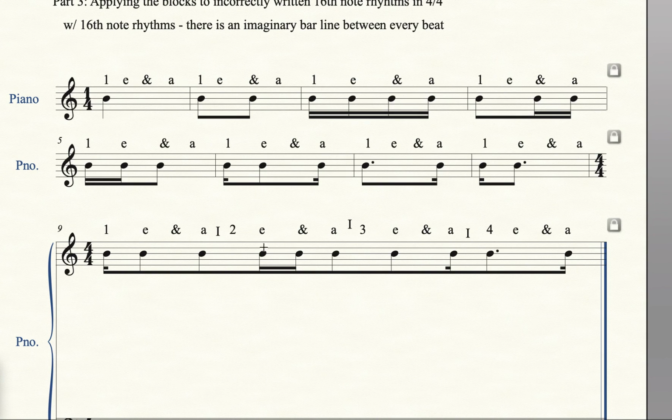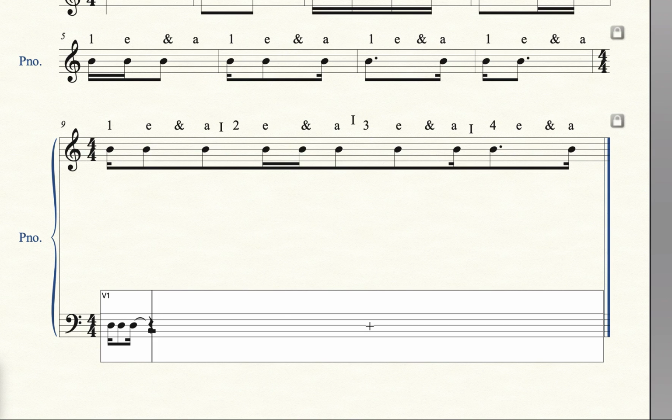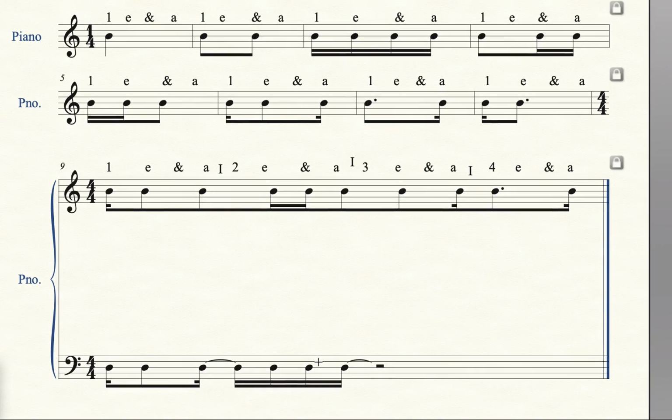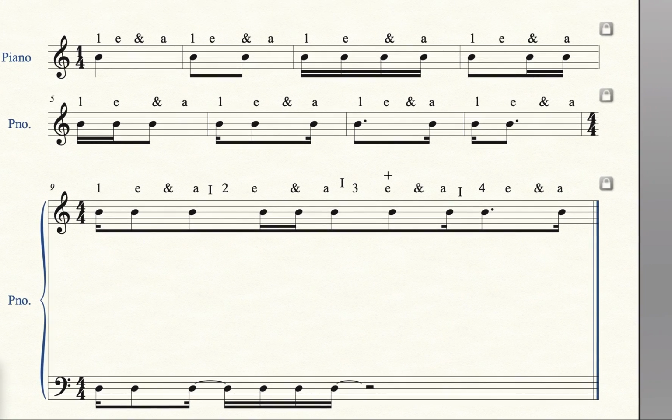The difference is these two notes are going to be tied, and these two notes are going to be tied. So beat 2 is going to look like this. One plus 1 plus 1 plus 1.